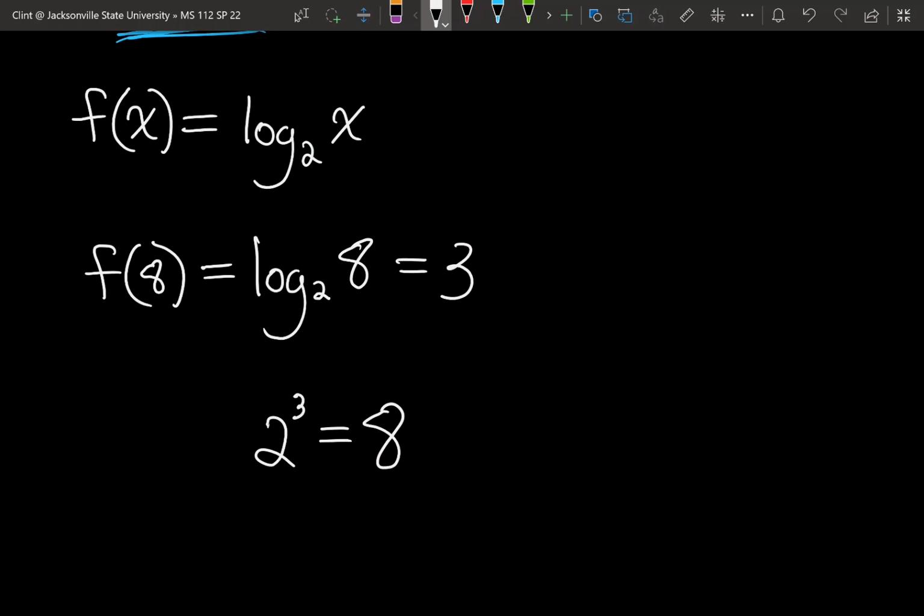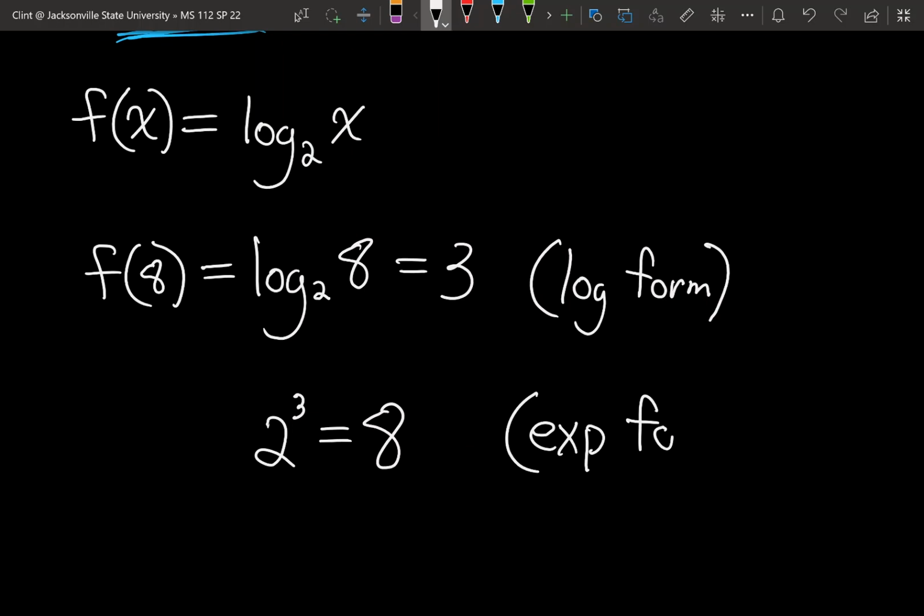So this one's in log form, logarithm form, and this one's in exponential form. They're both saying the same thing.